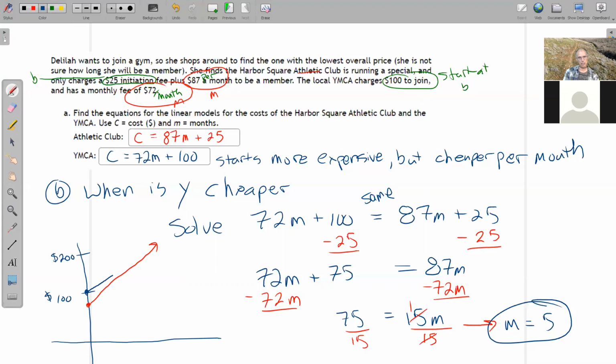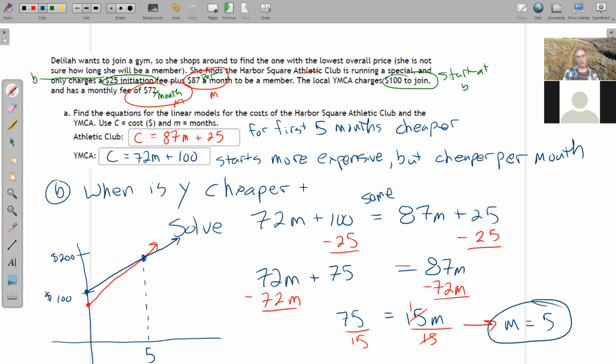It's slightly less steep. So that one would look like that, and they meet here 5 months later. So for the first 5 months, the athletic club is cheaper. Exactly 5 months later, they're exactly the same, so it doesn't matter cost-wise, they're identical. And after that, it turns out the YMCA is cheaper.